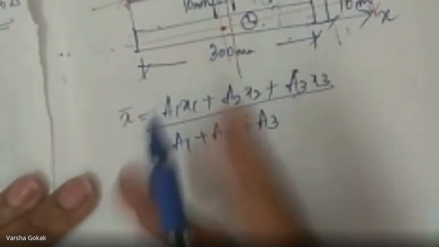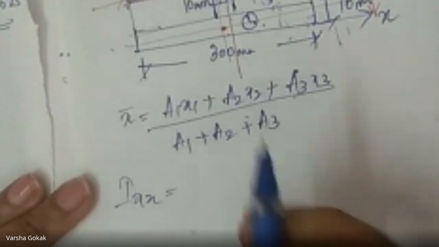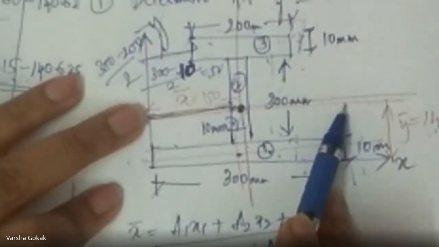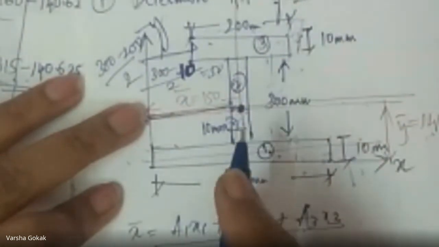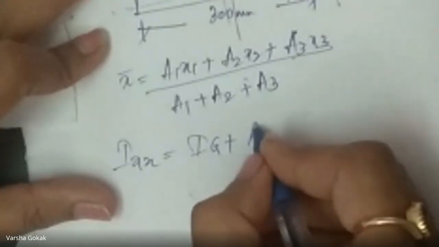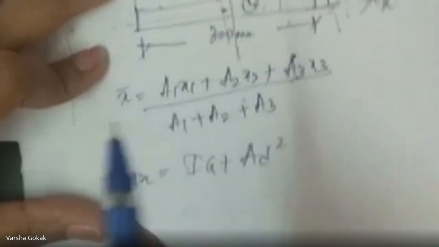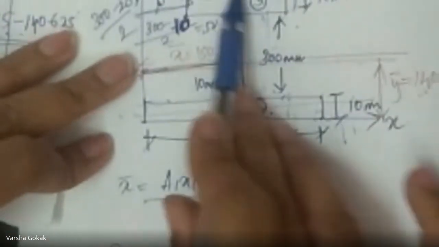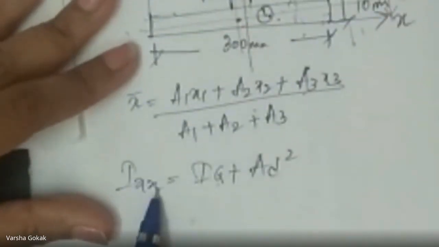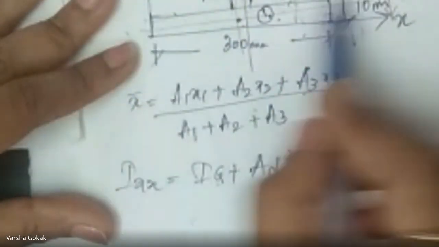Next, when I'm finding Ixx about the centroidal axis, I have to use the parallel axis theorem for each element, that is Ig plus A D square. Ig for each element separately. So for Ixx, first I take this rectangle.